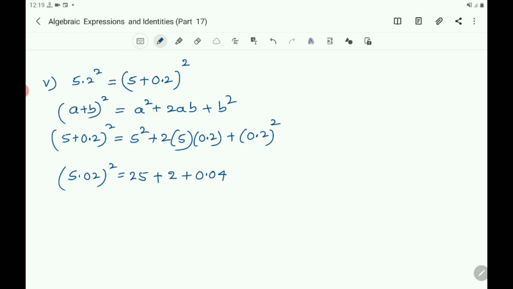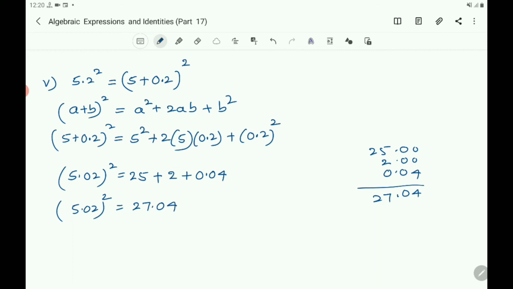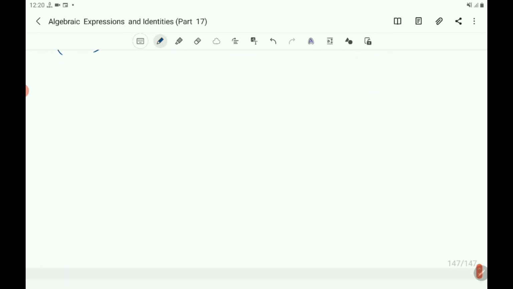Then add all these, you will get 25 plus 2 and 0.04. 5 plus 2 is 7, so you got 5.2 whole square is 27.04.